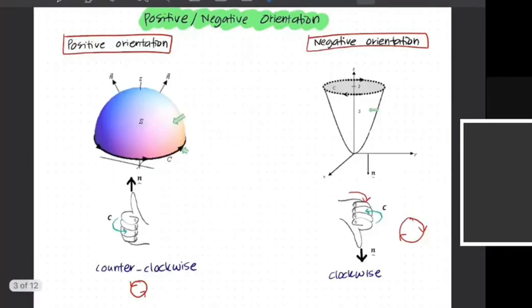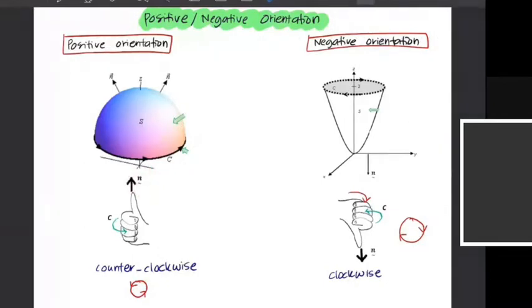Let's look at positive or negative orientation. For positive orientation, the direction of the curve is counterclockwise. You can use the right hand rule. This is your right hand. When you close your right hand and point the thumb upward, this refers to the normal.